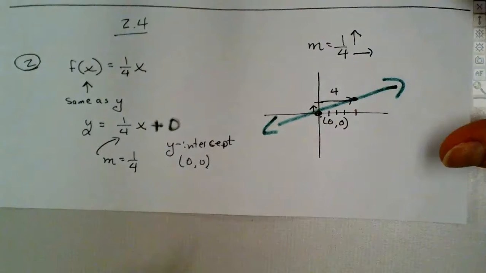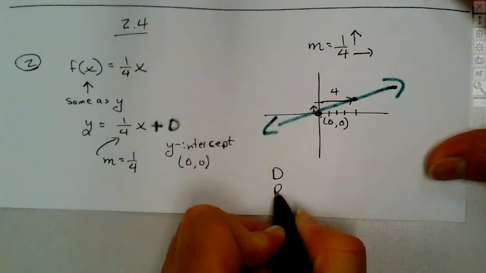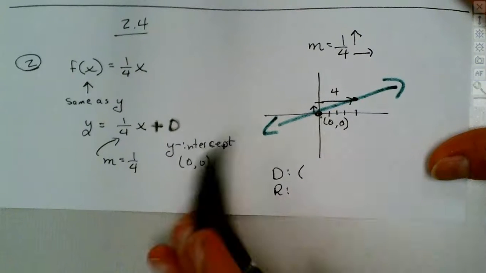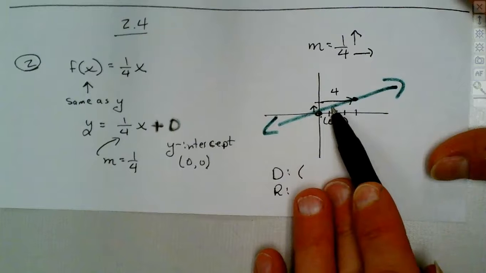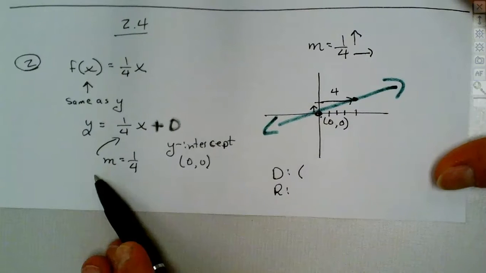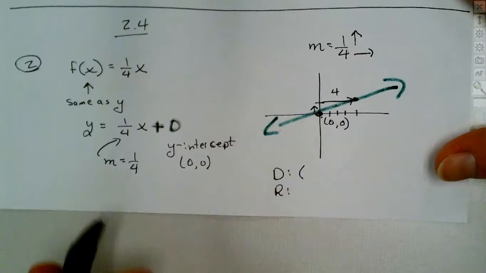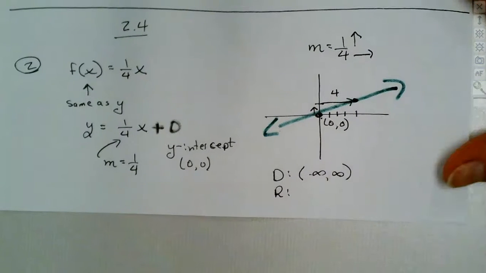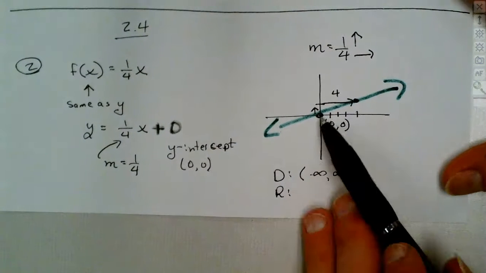Now we also need to get our domain and range. And our domain is the values of x. So just like we did before, this one goes out to the left, up to the right. So my domain would be negative to positive infinity. Same thing for the range.